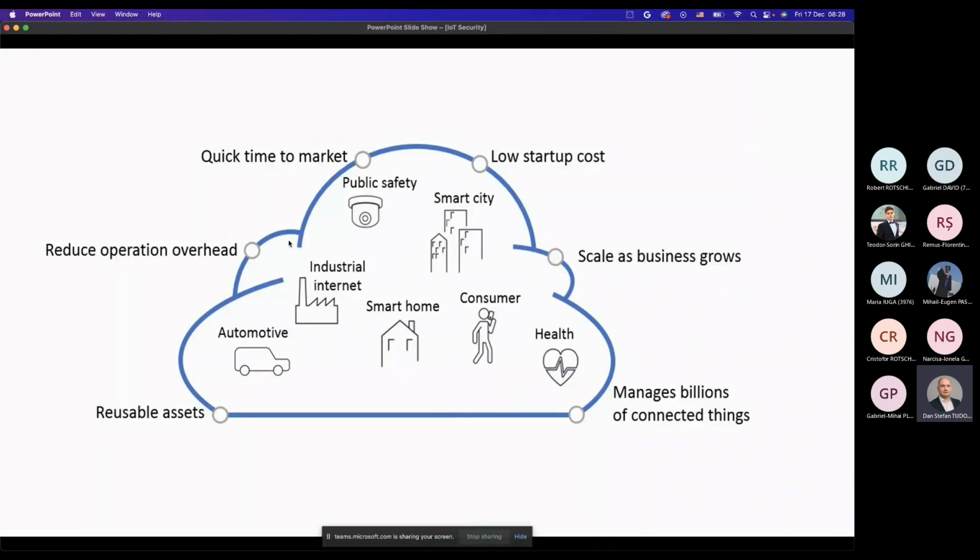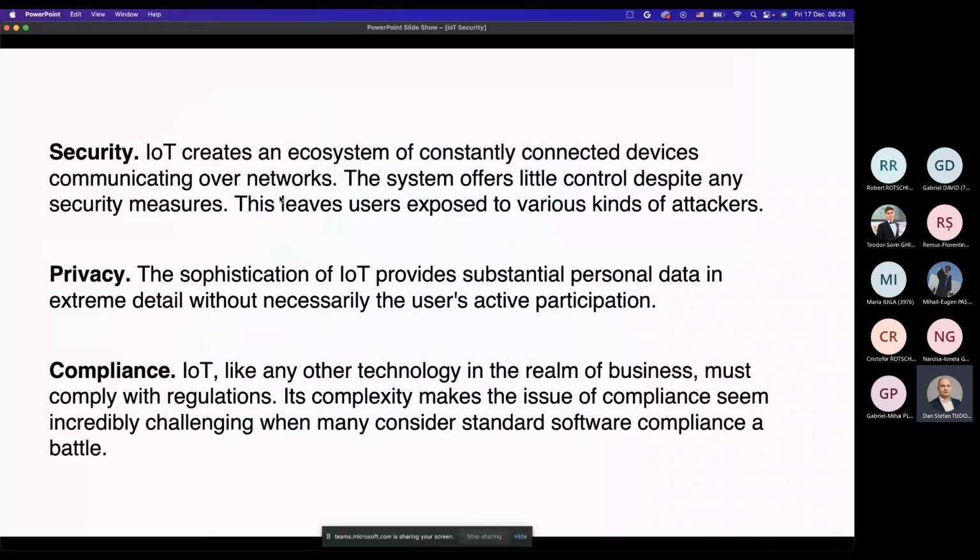You need to factor in a lot of consideration into giving a very quick time to market for your products, which usually means that if you don't have very strong regulations around security, and things right now seem to be this way, you will neglect these matters. So there are three main aspects that we will discuss in the lecture today.